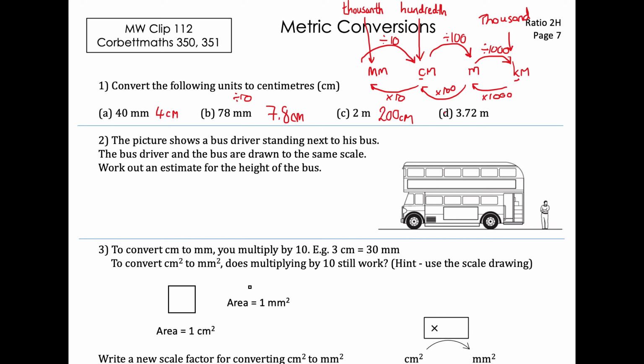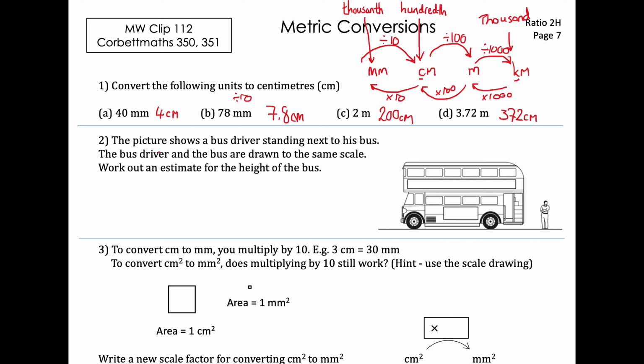And finally 3.72 metres, exactly the same, I'm timesing by 100, so that's 372 centimetres. Having an appreciation for how big a centimetre and a metre actually look can really help you with these questions as well. It can stop you writing something that doesn't make any sense at all.